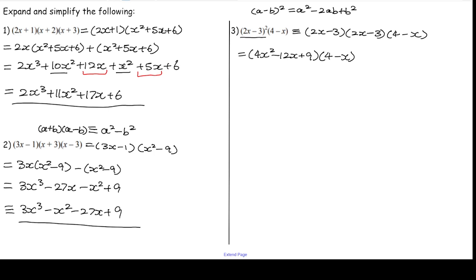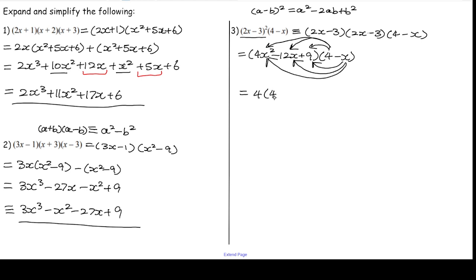So you can multiply everything from the second bracket to the first bracket if needed for simplicity. So we're going to do 4 times all of the terms in the first bracket. Then we're going to do x times all of the terms in the first bracket.